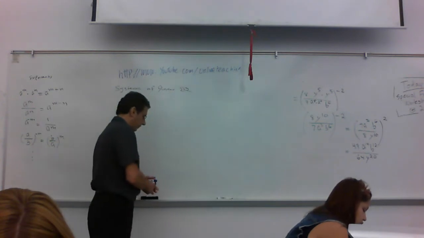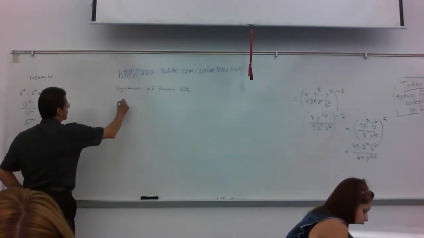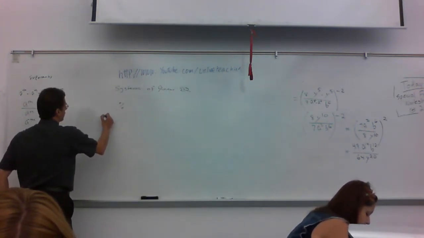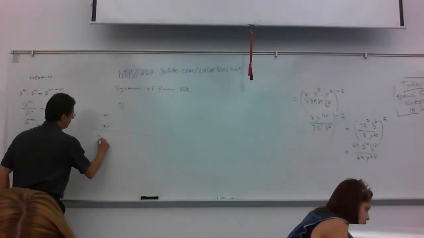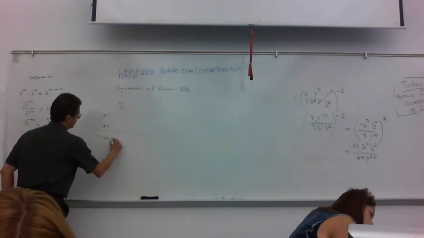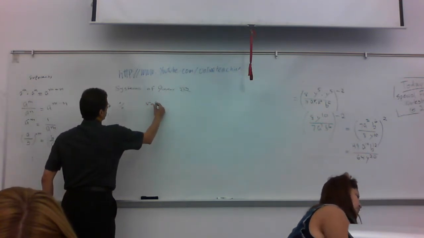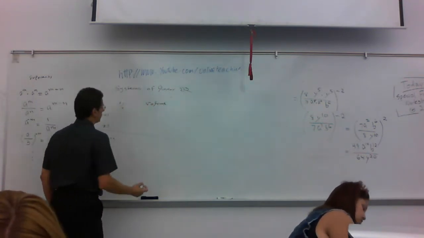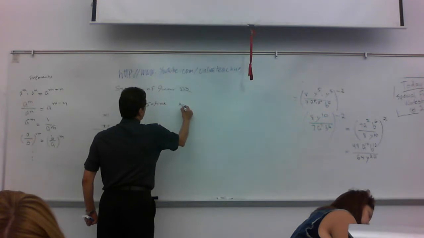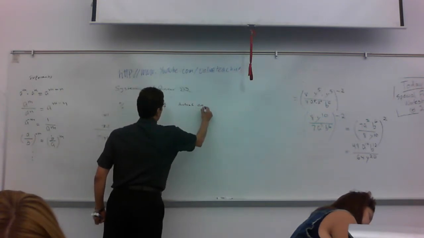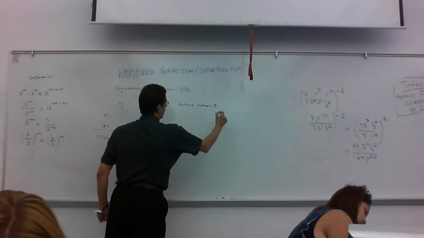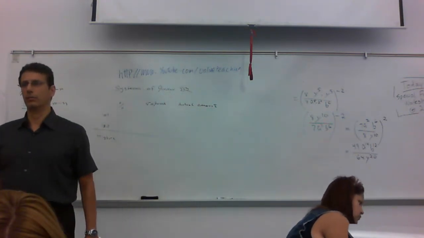Okay, so let's see. We are mixing 2 types to come up with the mixture. So, actual or pure amount. I highly recommend you come up with a table, class.